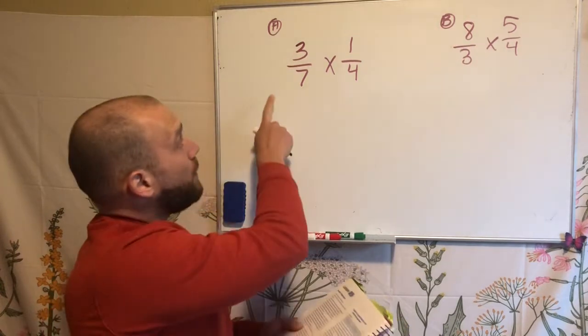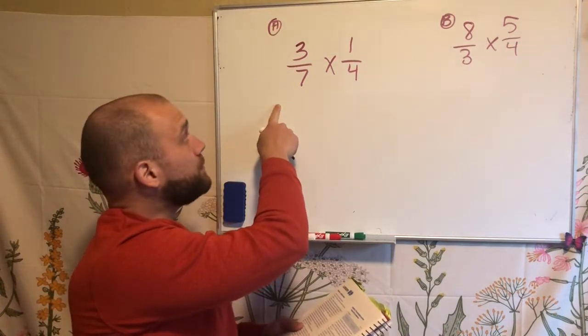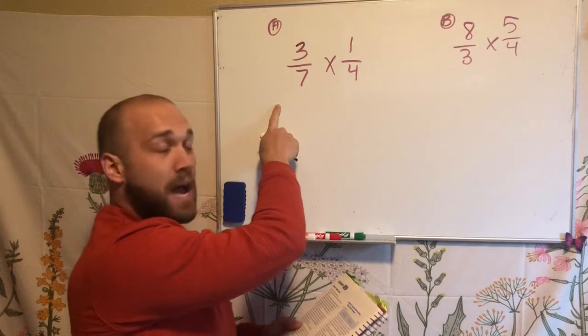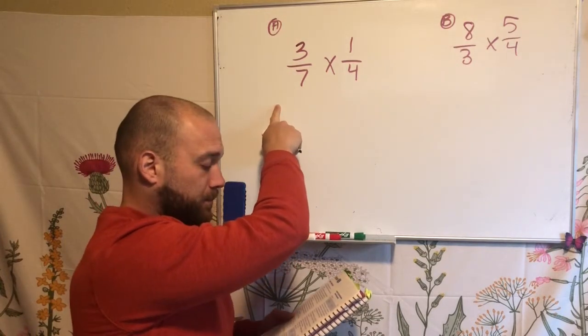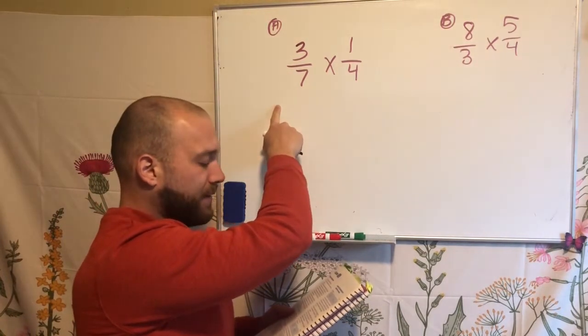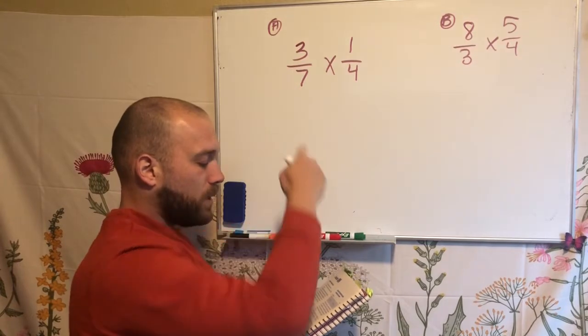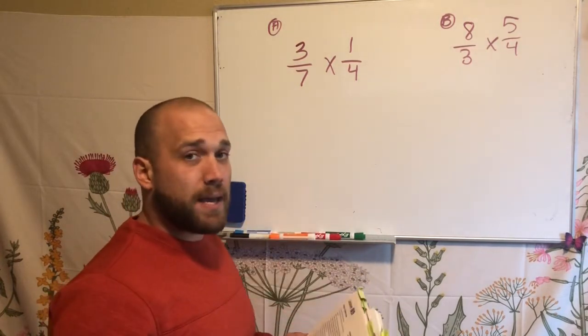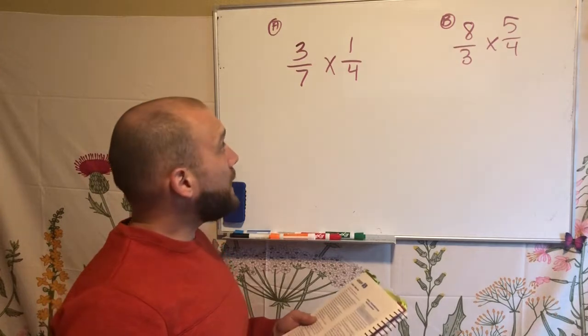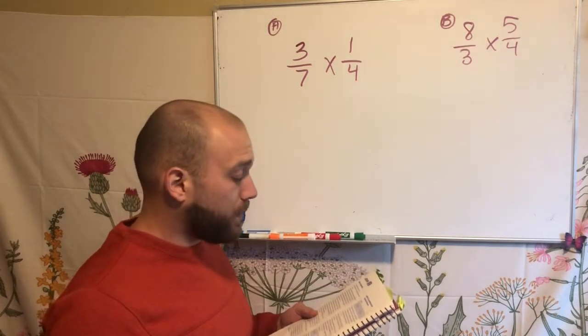Read problem A for me. 3/7 times 1/4. What do you multiply 3/7 by? You multiply 3/7 by 1/4.